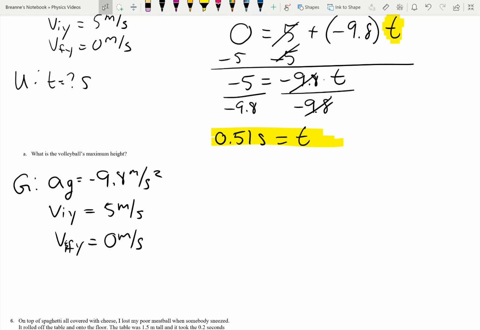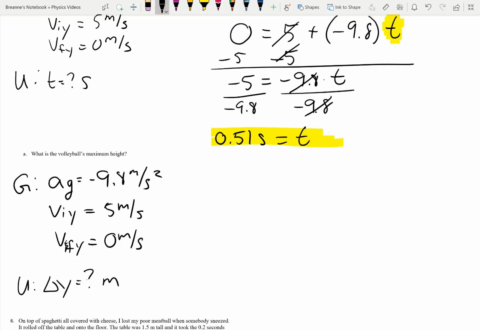I do know the time now, but thinking test-wise, just in case you plugged in something funky, let's hold off on using the time. Let's just use these givens and see if we can figure it out. We're looking for our delta y.